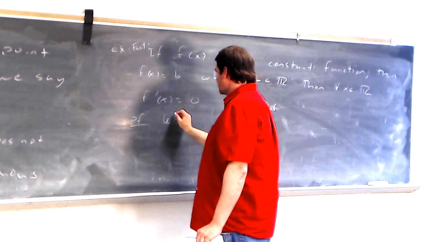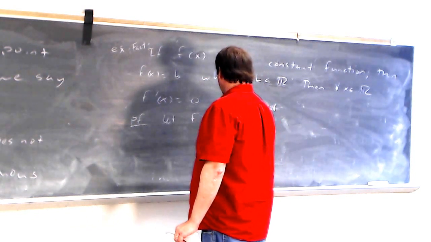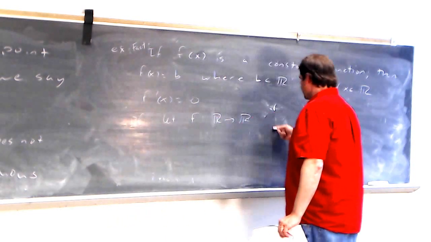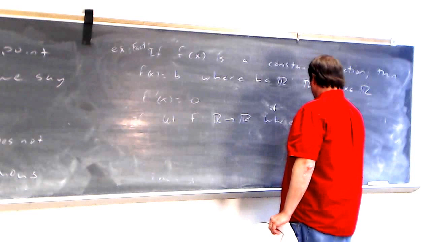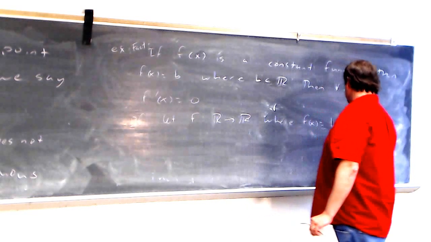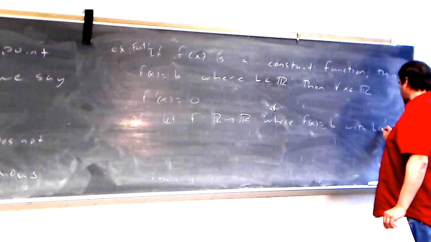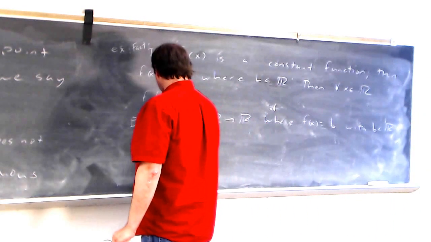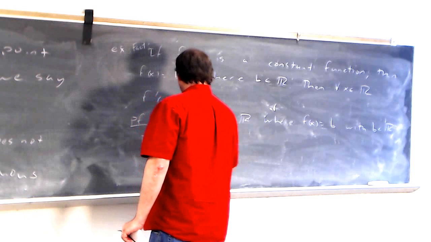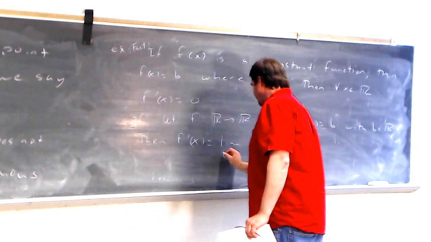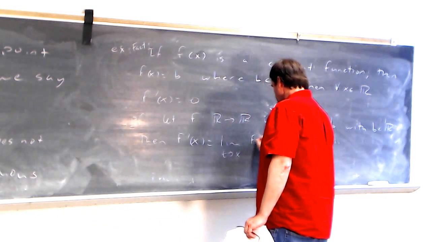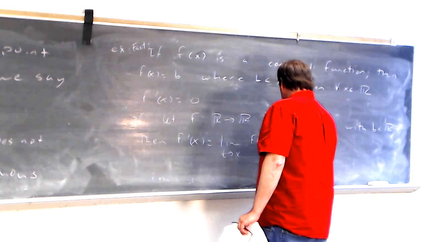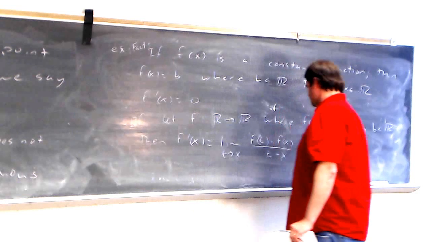It says, let f go from R into R be defined by f of x is equal to b, with b being the element. Then f prime of x, by definition, is equal to the limit as t goes to x of f of t minus f of x all over t minus x.